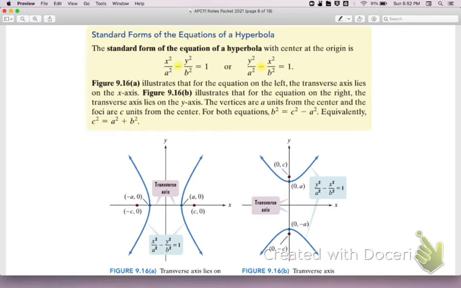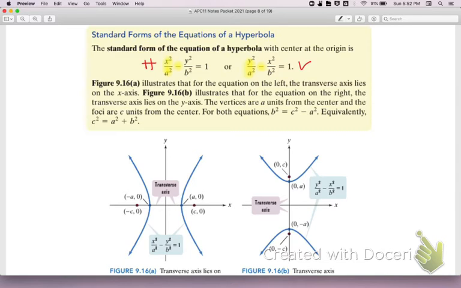So we can use the order to determine which is a and which is b. For a hyperbola, a squared is always first. The x squared might be first or the y squared might be first, depending on whether it is horizontal or vertical, but a squared will always come from the first number.